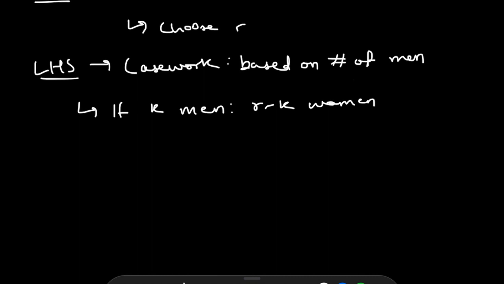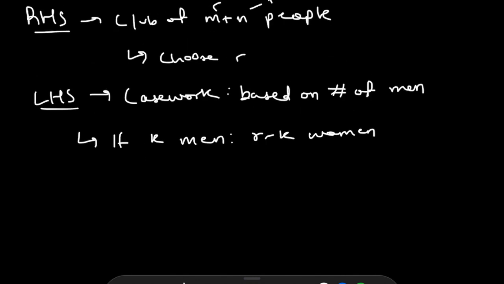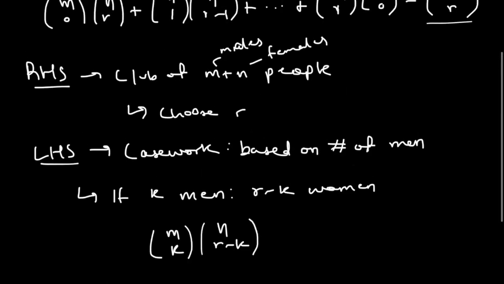So now there are going to be m choose k ways to pick the men from the total of m men that we have in our club. And there's also going to be n choose r minus k ways to pick the women from our club, because remember our club has m males and n females.